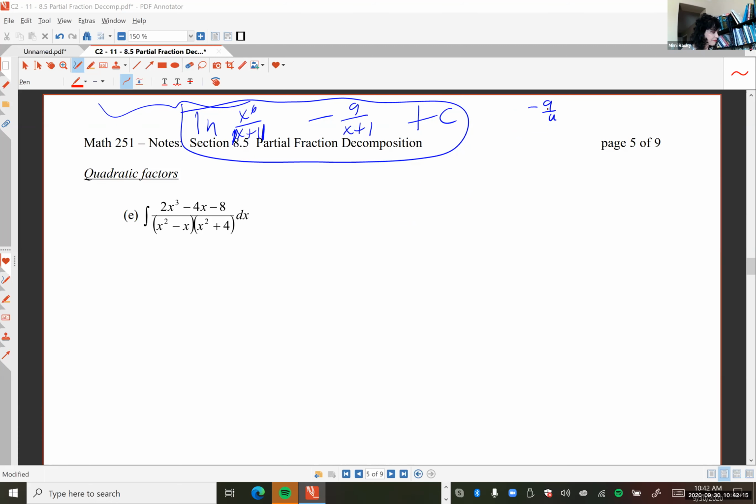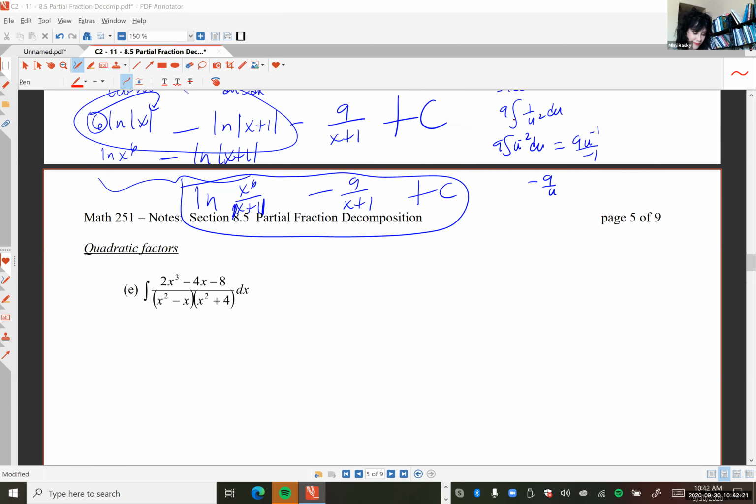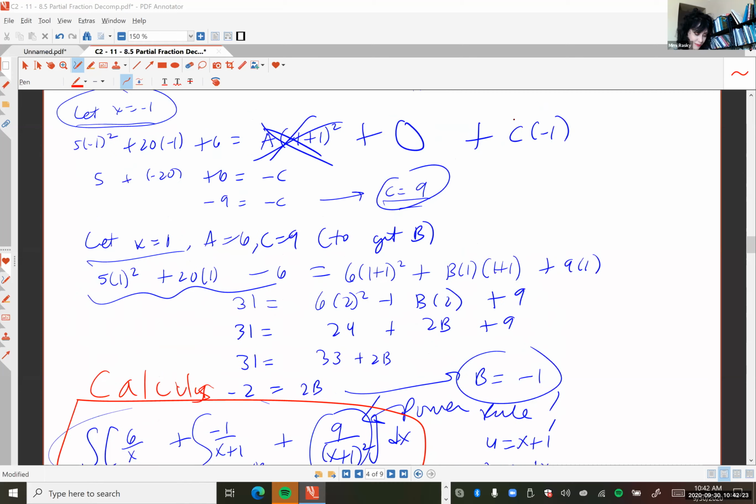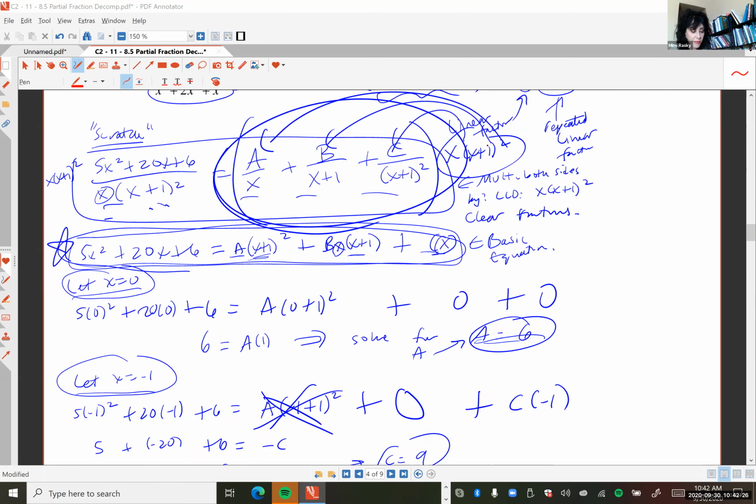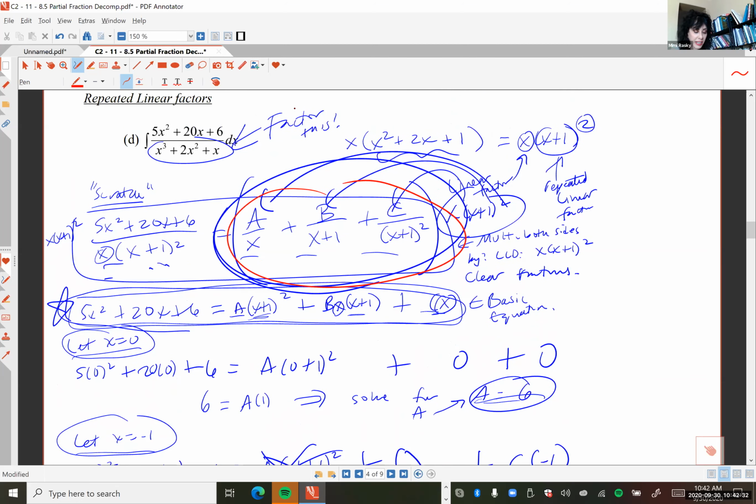I have a question. You got it. To get the basic equation, do we have to show you the steps, or can I say multiply by the LCD? I want to see the partial fractions somewhere on your paper. If all of a sudden you magically went from here to the basic equation without any intermediate steps, I'm not even going to grade your paper.